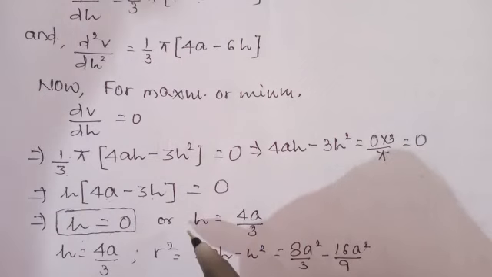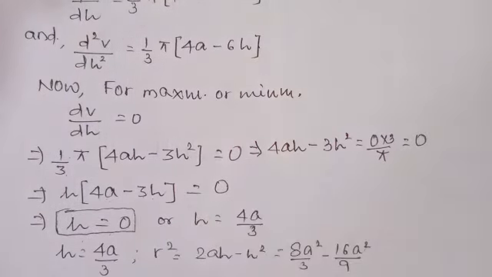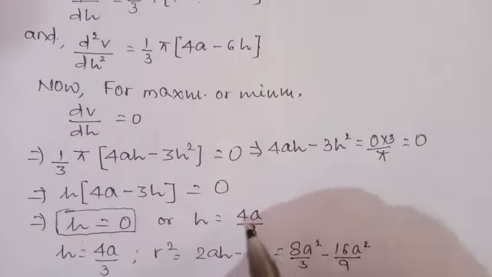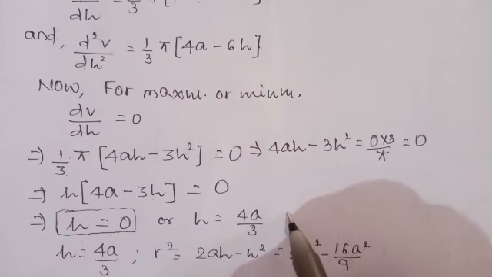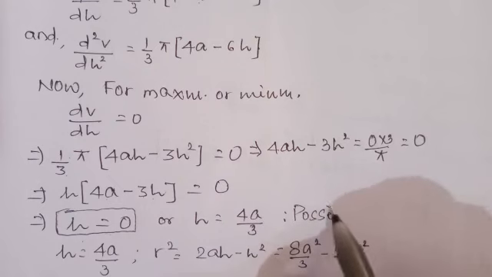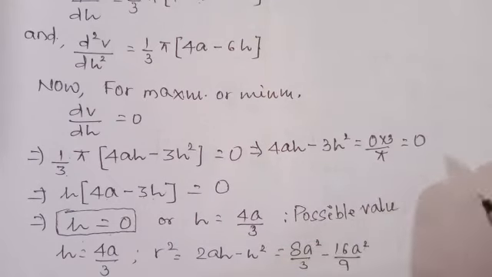Height of a cone can never be 0, because if height becomes 0 then the cone does not exist. So the only possible value of the height of the cone is h equal to 4a by 3.